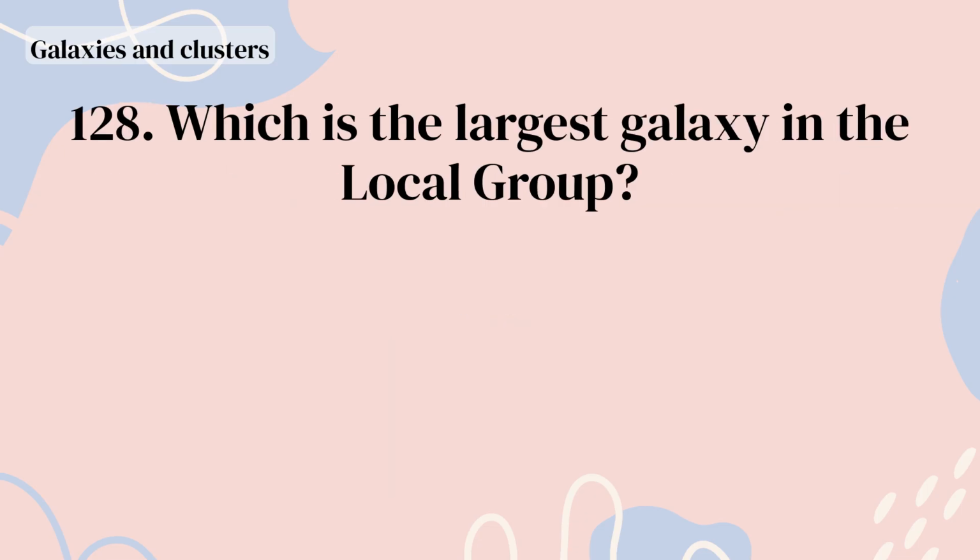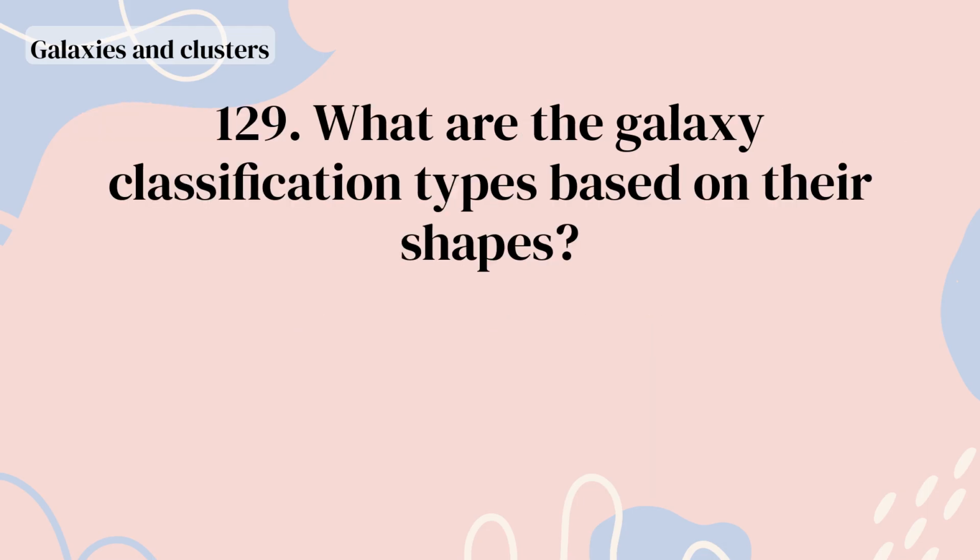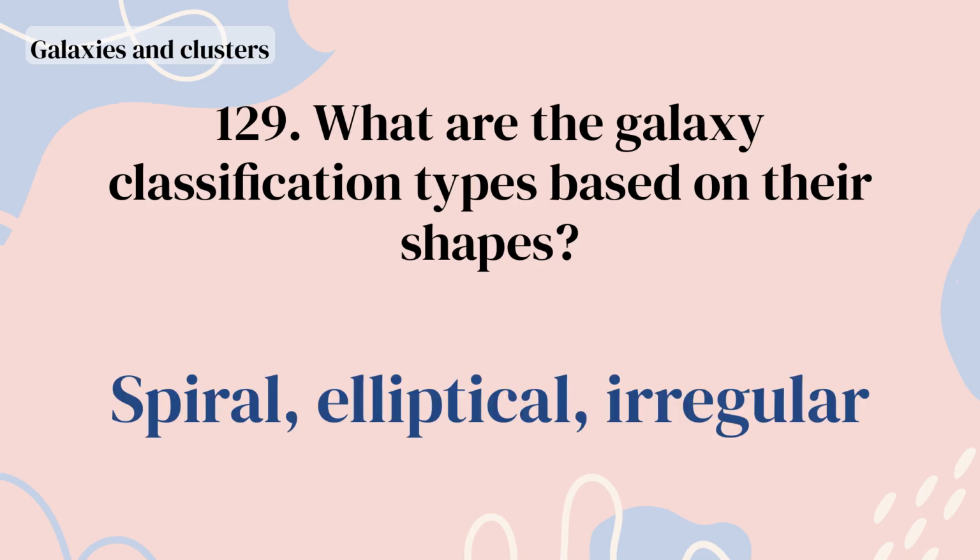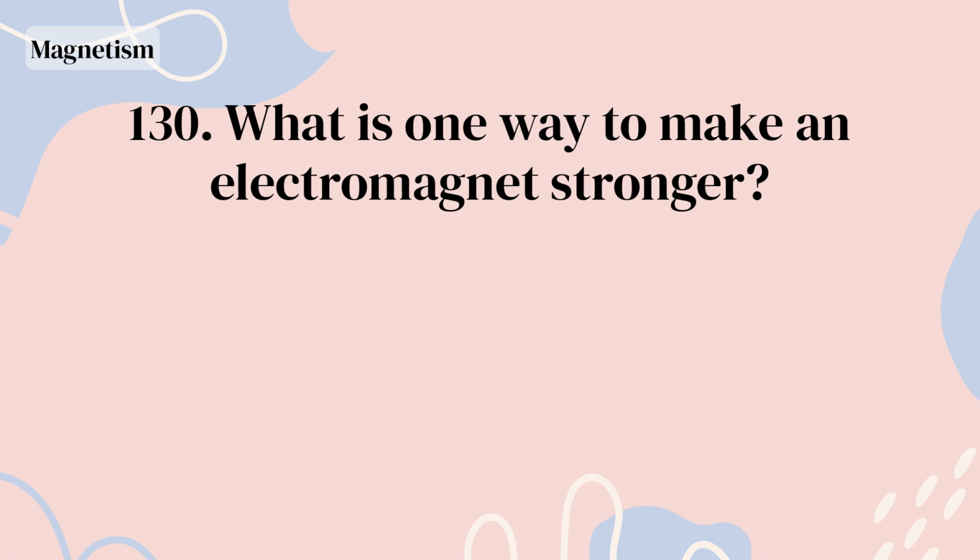Local group. Which is the largest galaxy in the local group? Andromeda Galaxy. What are the galaxy classification types based on their shapes? Spiral, elliptical, or irregular.